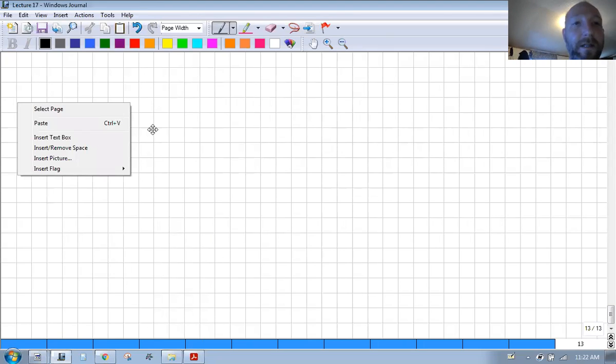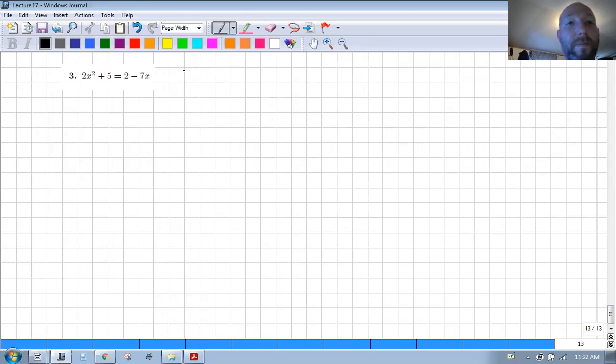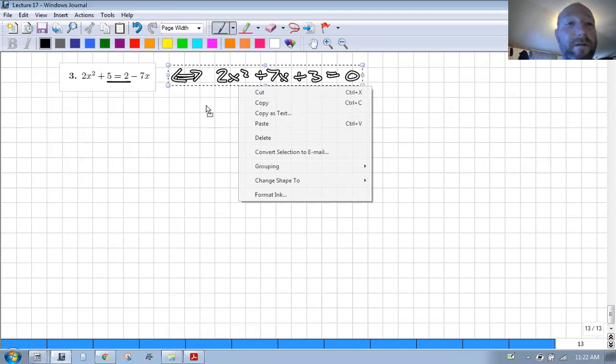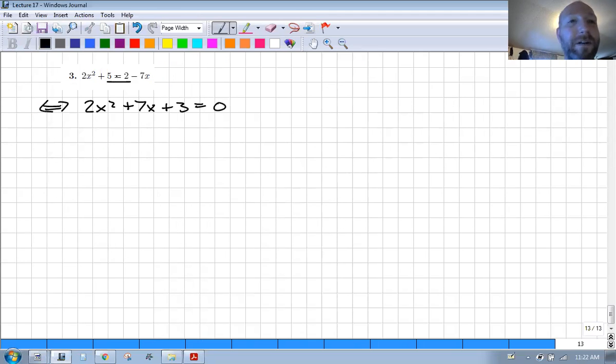So this guy, let's put our equation in standard form. If I add 7x to both sides, now let's see, subtract 2 from both sides. 2x. So in order to factor this, since we got this 2 here, it makes it kind of hard.